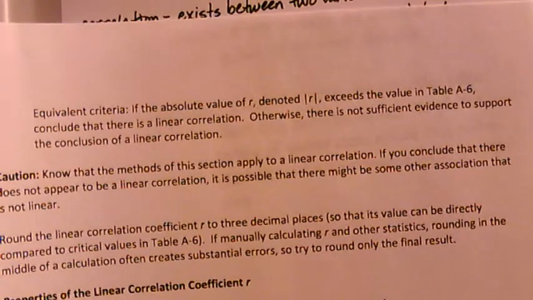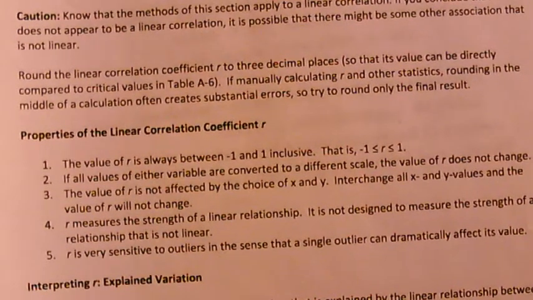Otherwise, there's not sufficient evidence to support the conclusion of a linear correlation. Okay. So here we can use that to determine sufficient evidence of a linear correlation, or no sufficient evidence of a linear correlation. Okay, now let's look at some of the properties of a linear correlation coefficient, which is R.